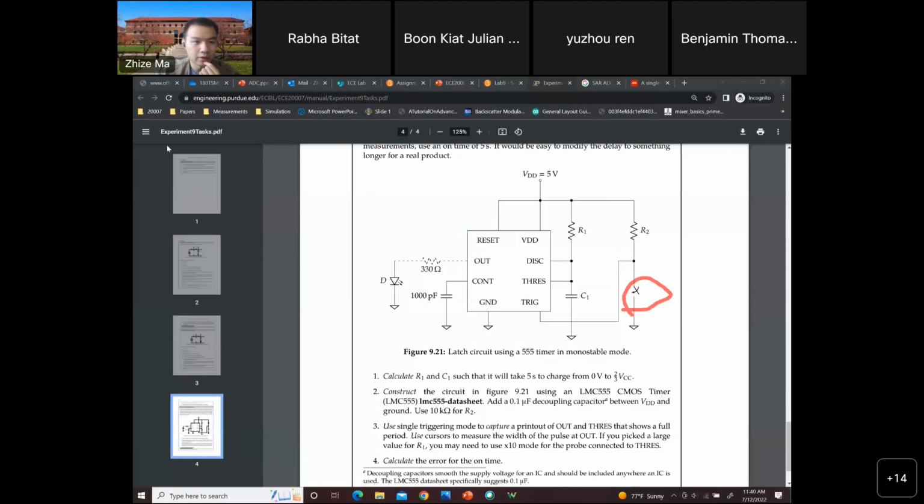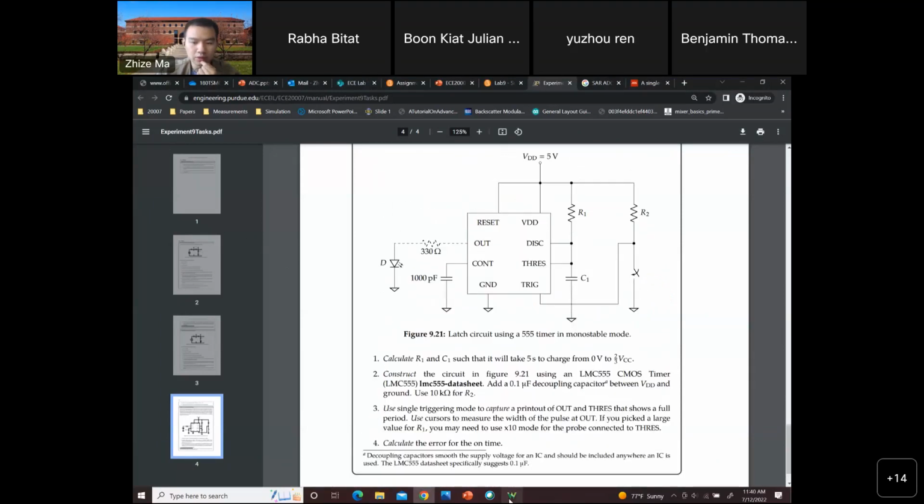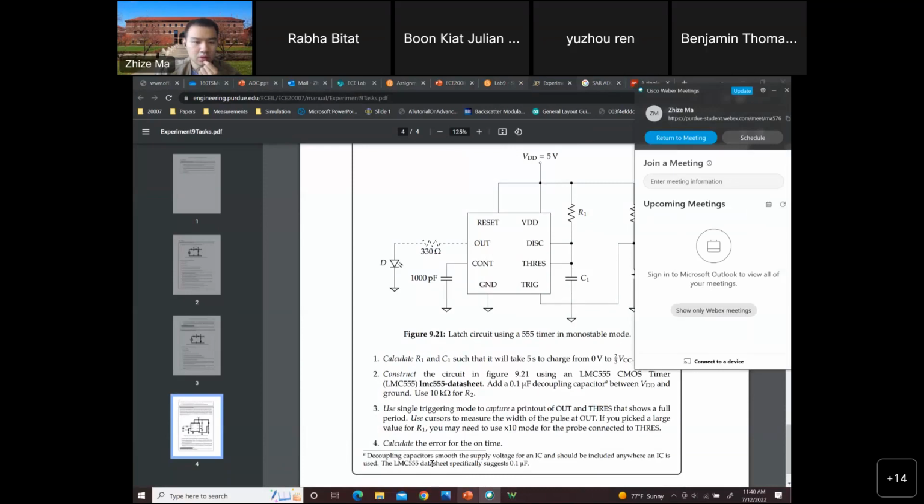After you build this circuit and turn the switch on and off, you will see the LED turn on for 5 seconds, and then it will turn off by itself. When you use the oscilloscope to measure the voltage at the output and the threshold, which is this pin and this pin right here, you will see this plot.